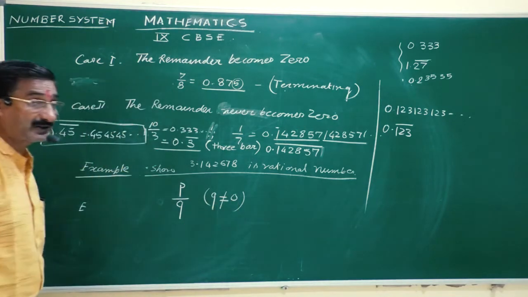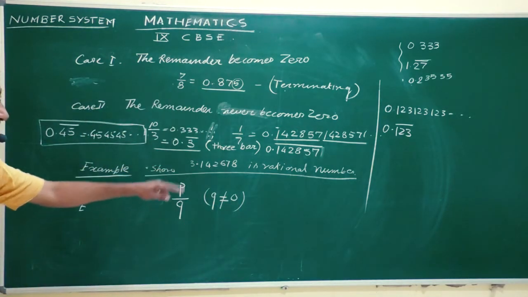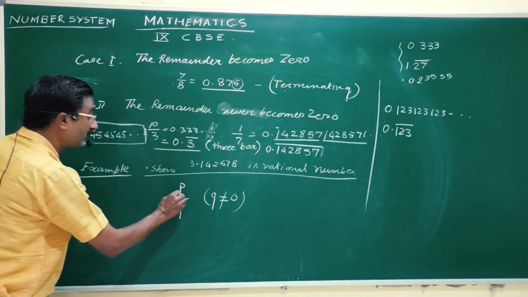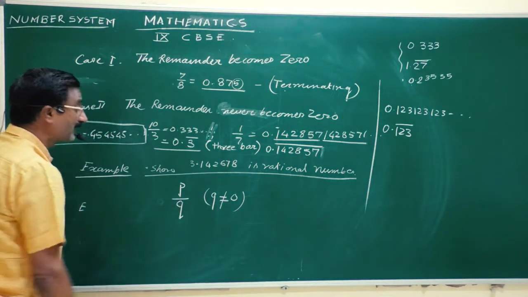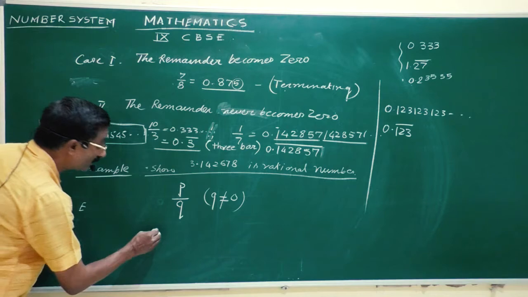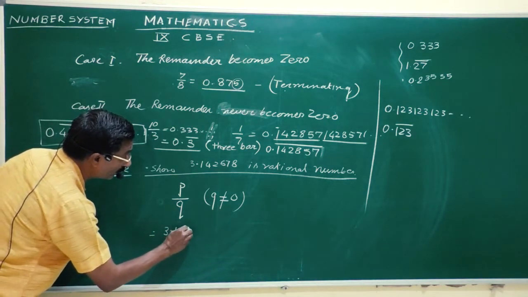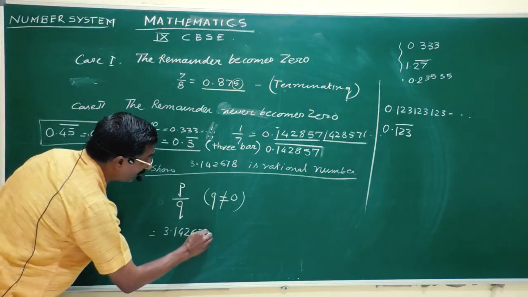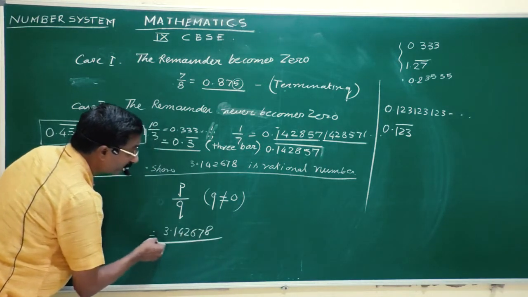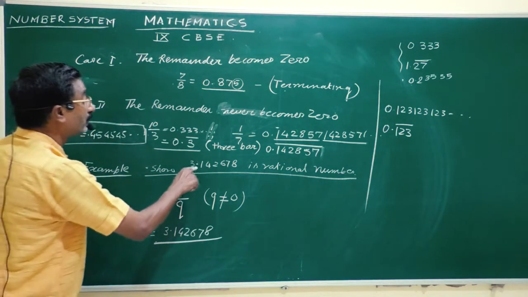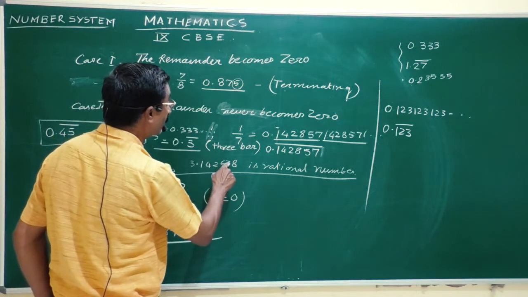These terms exist everywhere. If you are talking about rational numbers, then it will be like this: P by Q. So this is 3.142678. So 1, 2, 3, 4, 5, 6.